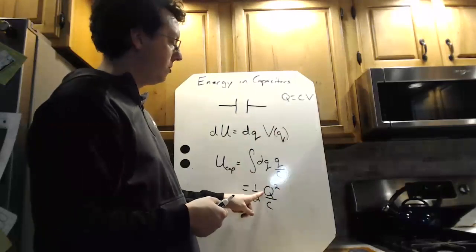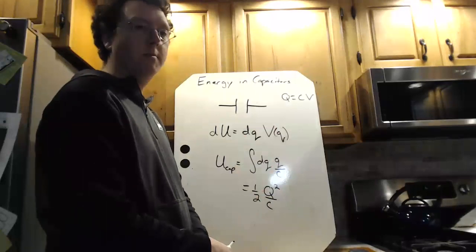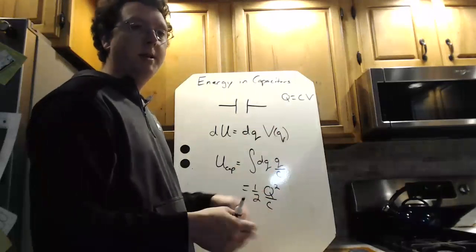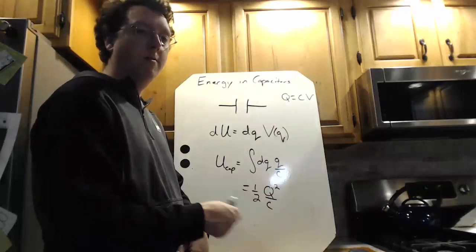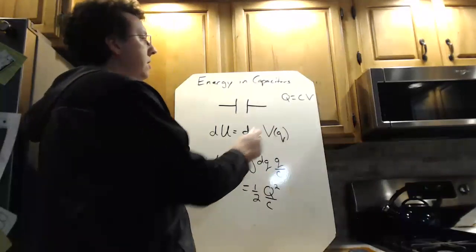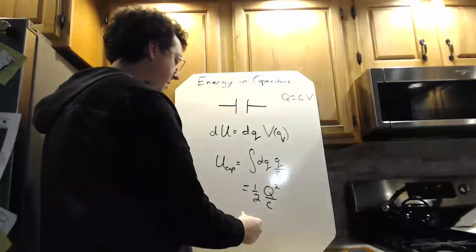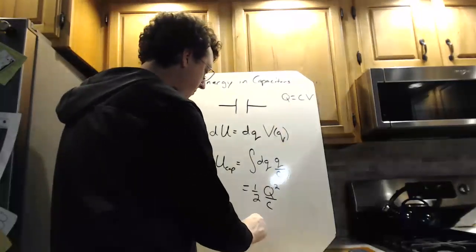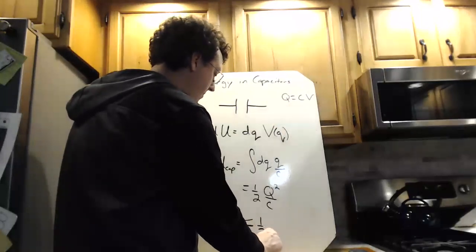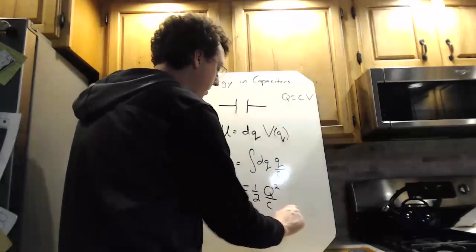But the final charge, I'm going to write with a capital Q, just keeping consistent with my constants being capital and things that are variable or integrated over are lowercase. Now, it's convenient to use this formula to rewrite this. I could also rearrange this to say 1/2 C times the voltage squared.